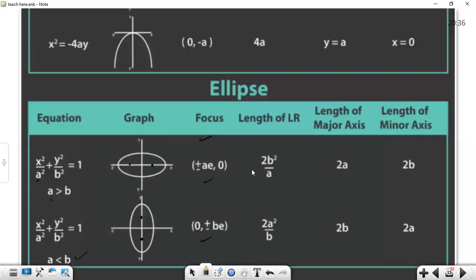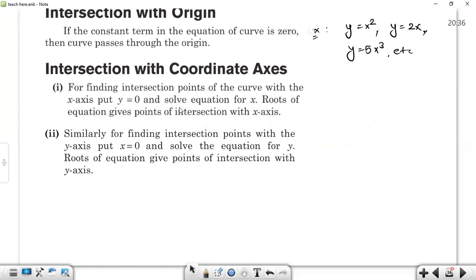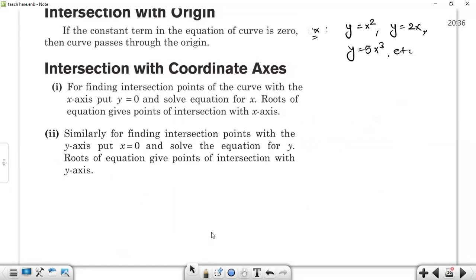So let's now move ahead with the basic things. If you have to find the intersection of the curve with the origin, then if an equation of a curve has a constant value equal to 0, it is for sure that when you put y equals 0, then x will be 0.